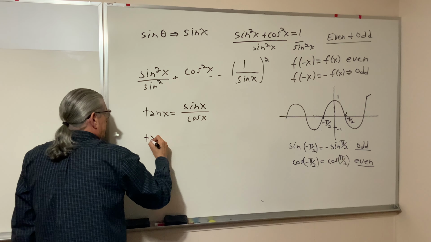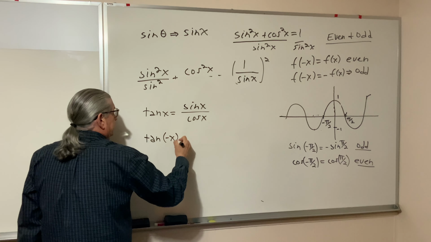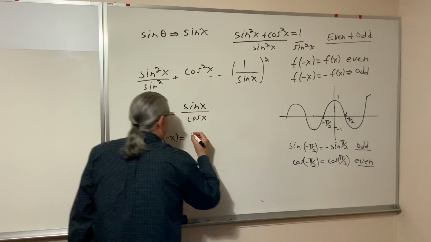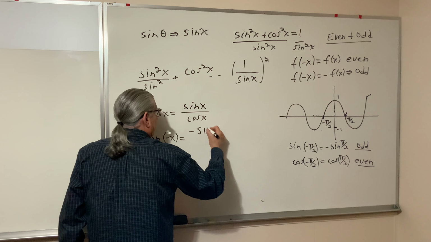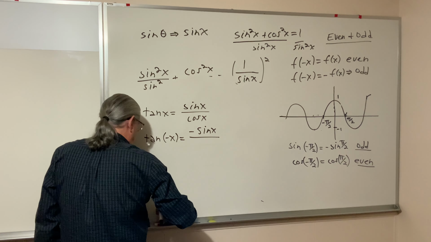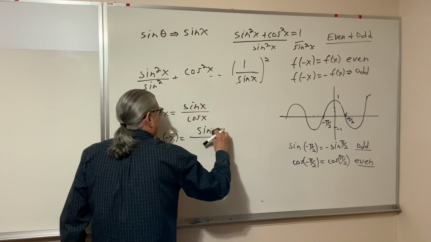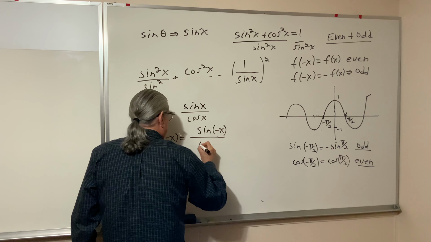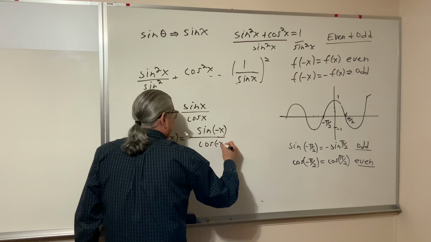For the tangent of negative x, I'll do it in 2 steps. Let's not skip a step here. This is the sine of negative x over the cosine of negative x.